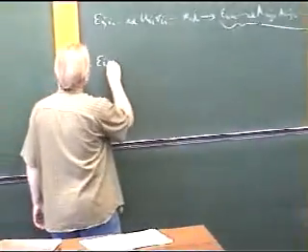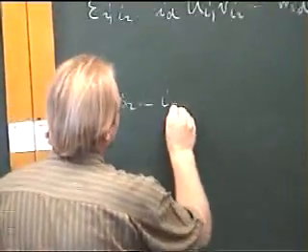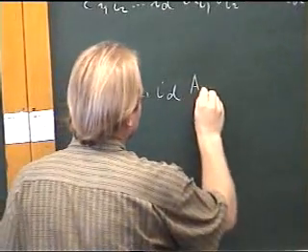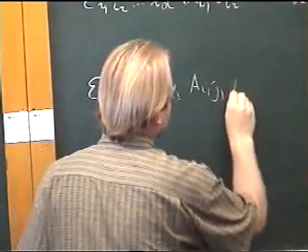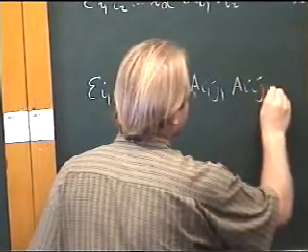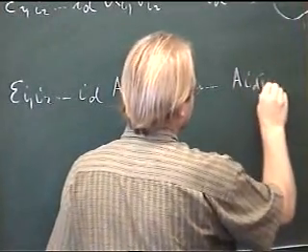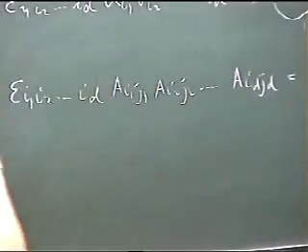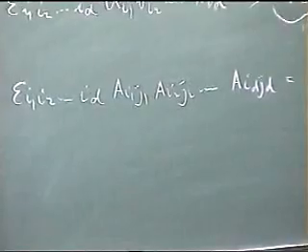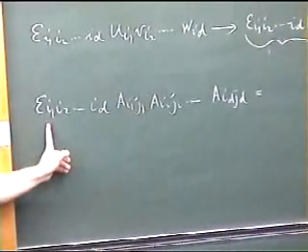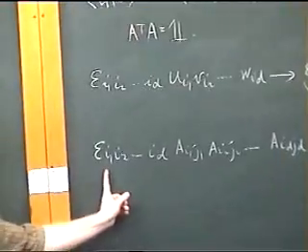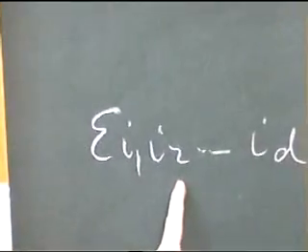Well, if I take epsilon I1, I2, up to ID, A I1, J1, A I2, J2, up to A ID, JD. What I would like to do now is I'm going to relabel two indices. So what I call I1, I will now call I2. What I call I2, I will now call I1.